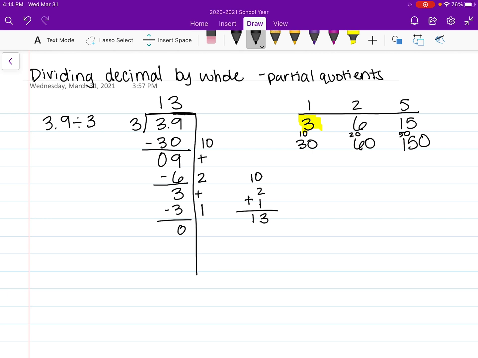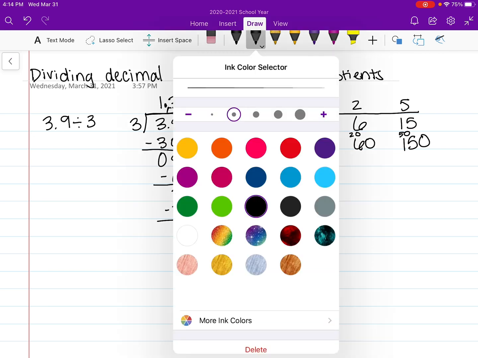Now, to figure out where to put my decimal, I just need to count how many numbers are behind the decimal in the dividend. I have one number behind my decimal, so I need one number behind my decimal. You can do it with an arrow, you can underline it, whatever is going to help you figure out where to put your decimal. Sometimes I just underline how many numbers I have after the decimal.